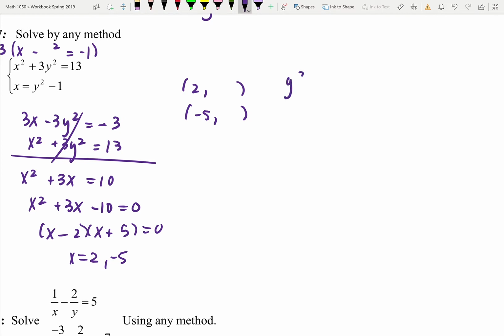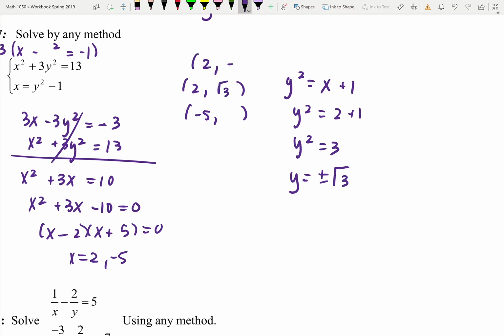So I'm going to have y squared equals x plus 1. That's going to help me a little bit. So now let's put in a 2 for x. So y squared equals 2 plus 1. That's y squared equals 3. Square root it. y equals plus or minus the square root of 3. So I have 2 comma square root of 3 and 2 comma negative square root of 3.